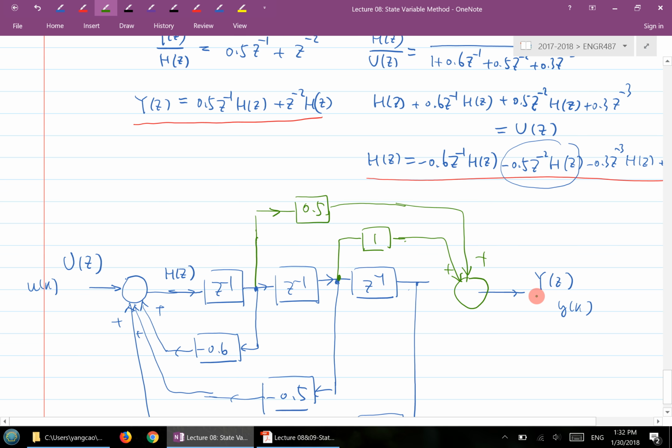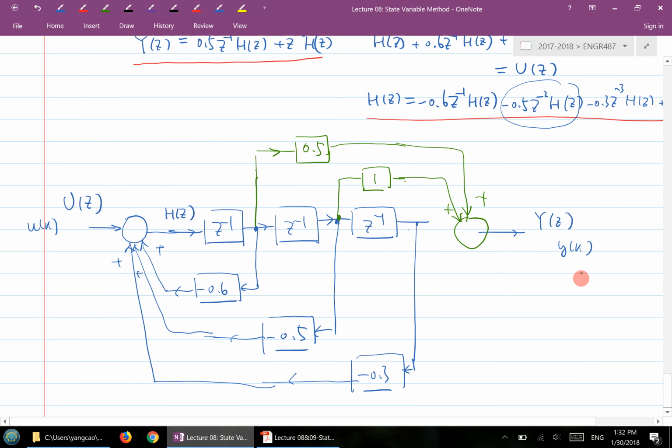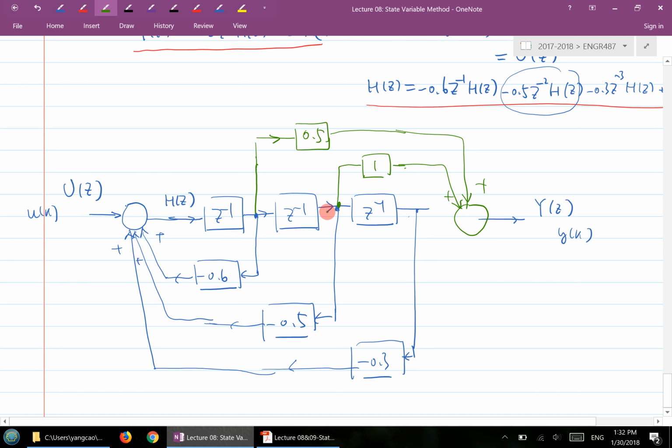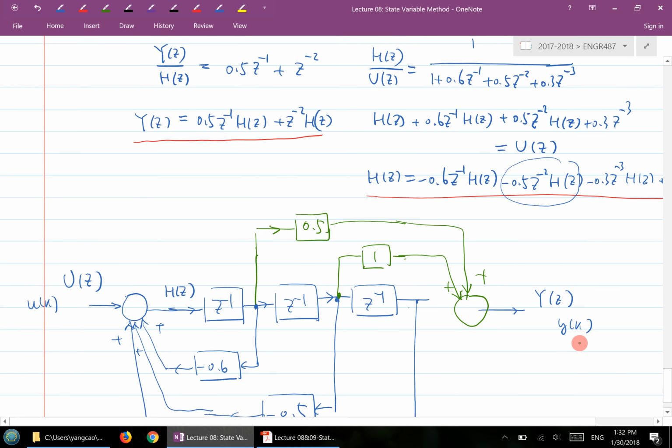So now this is basically the so-called simulation diagram. And so you don't connect the rest. No, you don't need to. You see, this is exactly a description of the original system.